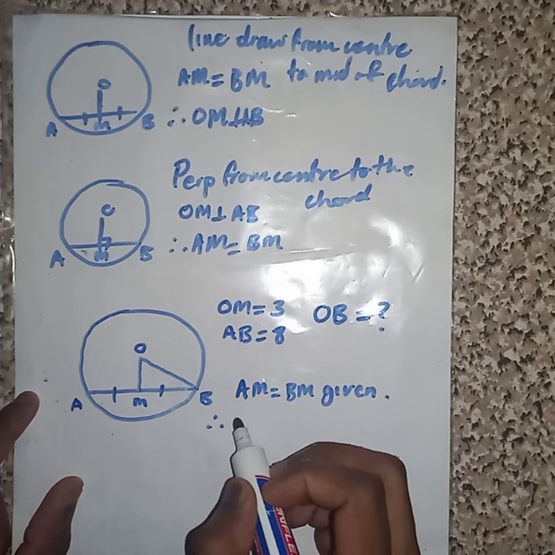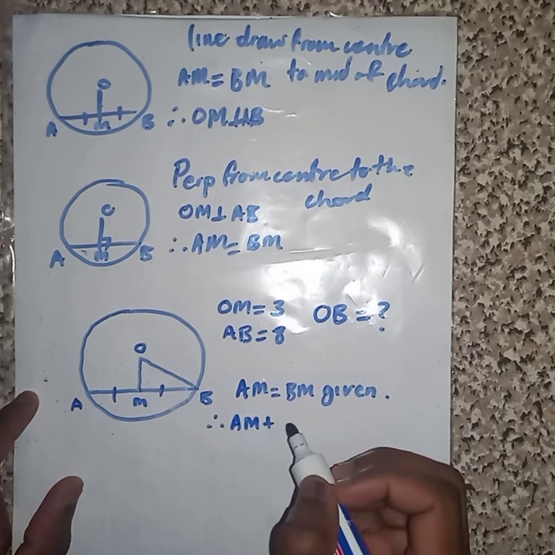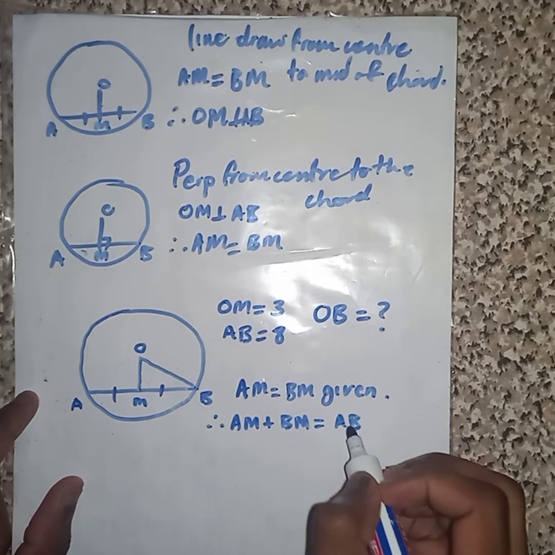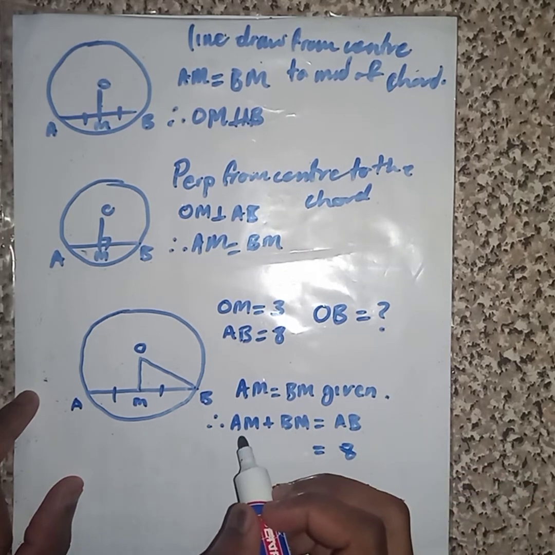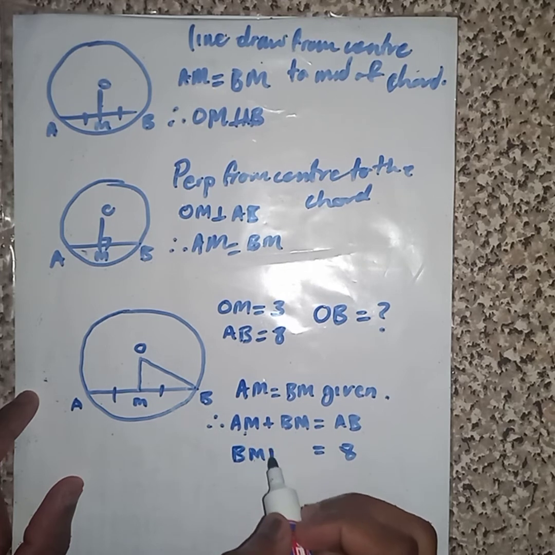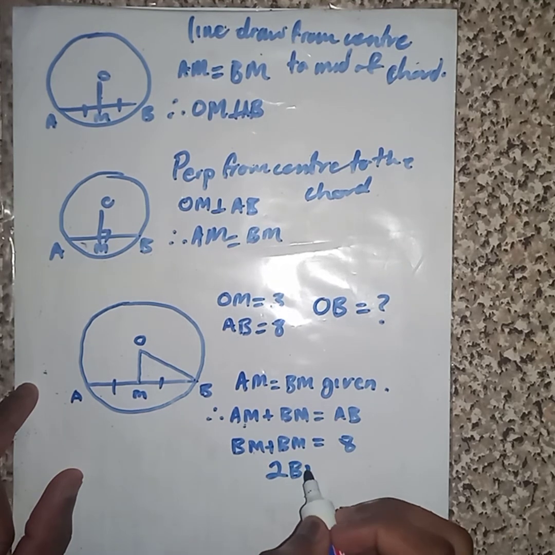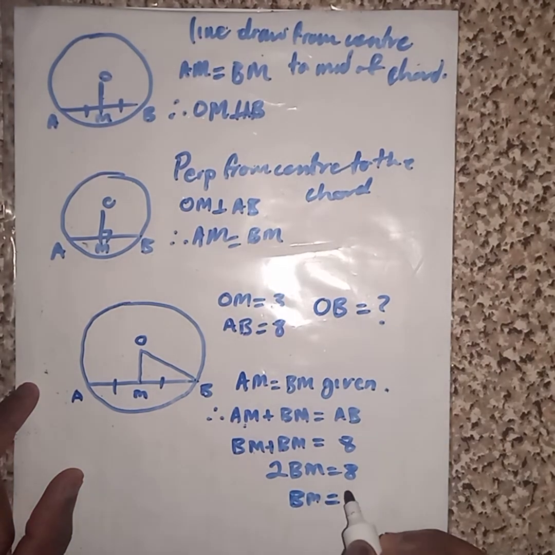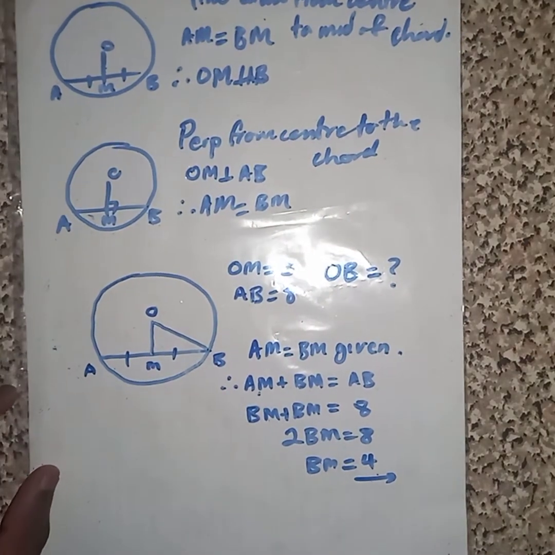Or you can just do it like this, it's also fine. We know that AM plus BM is equal to AB. Our AB is 8. At this point, I can just replace this with BM. See, BM plus BM. I do it step by step, and I'm going to have 2BM, which is 8. If I divide throughout, I'm going to get BM to be 4. See? It's not that difficult.